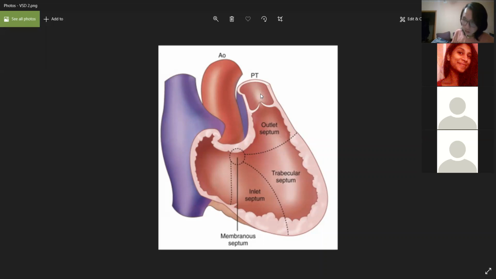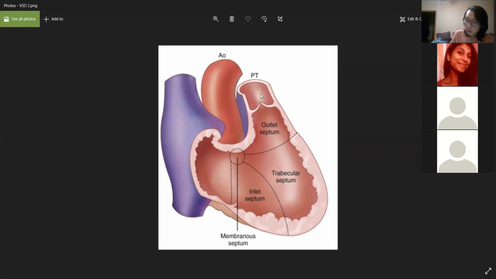All right, treatment. Treatment is dependent on the size of the defect. In small defects, there's a chance for it to spontaneously close in 1 to 2 years, because again, it's asymptomatic, right? Most of them are asymptomatic and there's not much for us to be alert about.